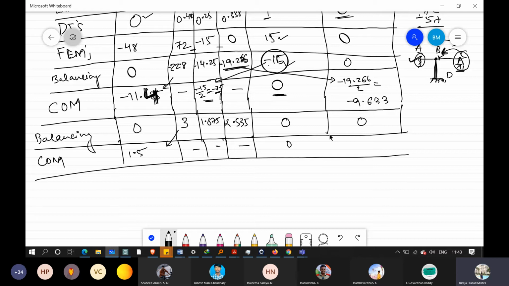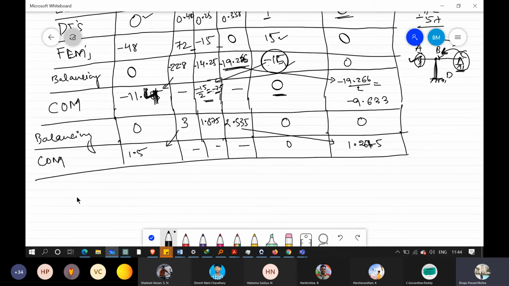Then this is 0 and this is 1.2675, because this one will come here with 2.535 divided by 2, 1.2675.